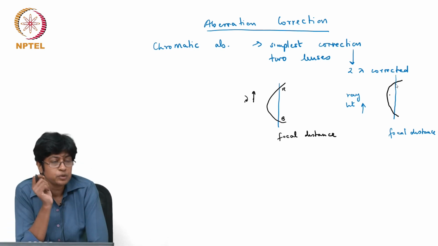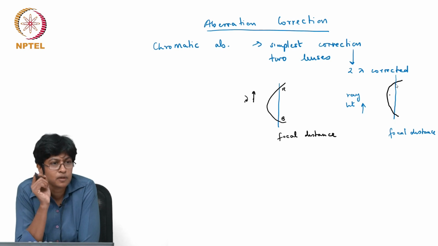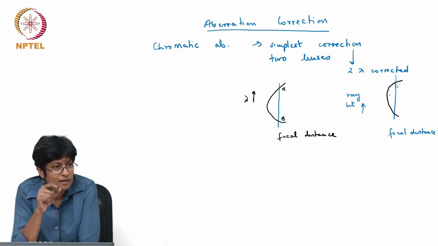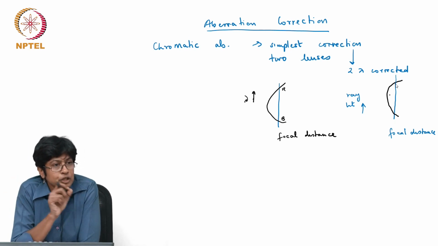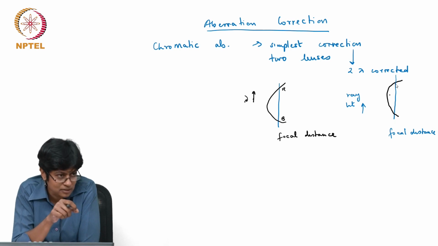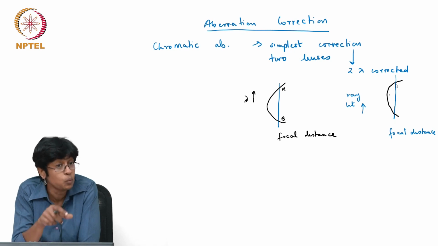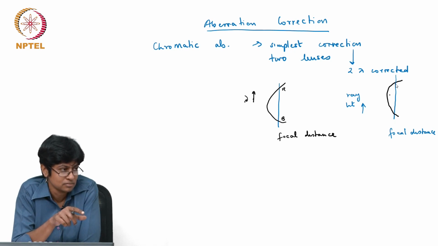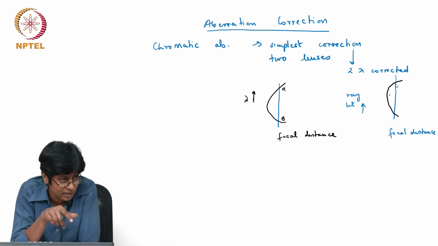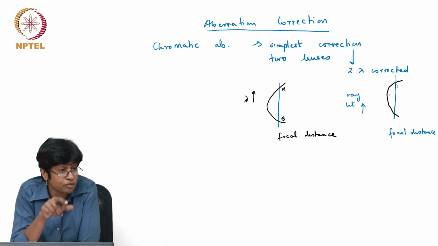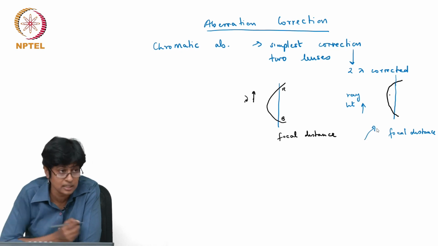So you have to be very careful with the word aberration correction, because up till now I said you can correct for 2 wavelengths, but it may be that those 2 wavelengths are best corrected for only one set of rays. Even those 2 wavelengths are not perfectly corrected for all the rays incident on the lens. And that's what the second graph is telling you.